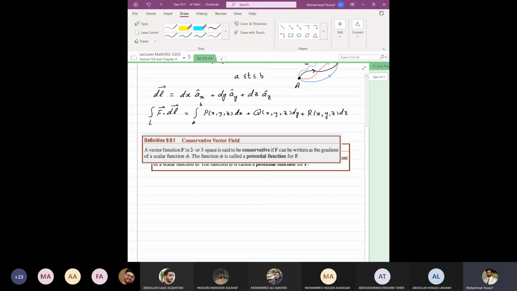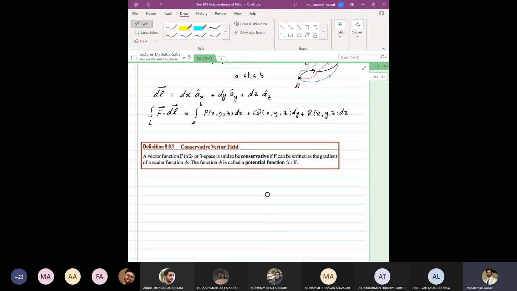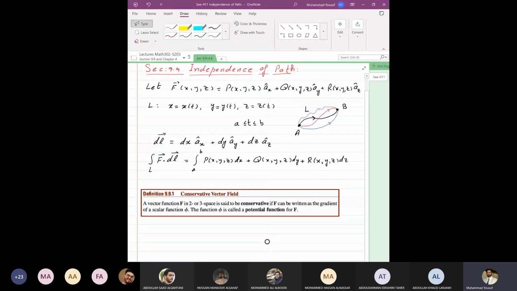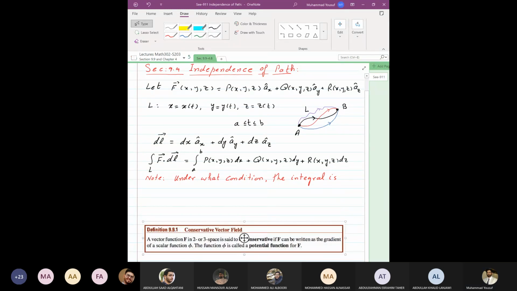First we need to learn this to learn more about independence of path, the condition under which the integral is independent of path and depends on the endpoints only.